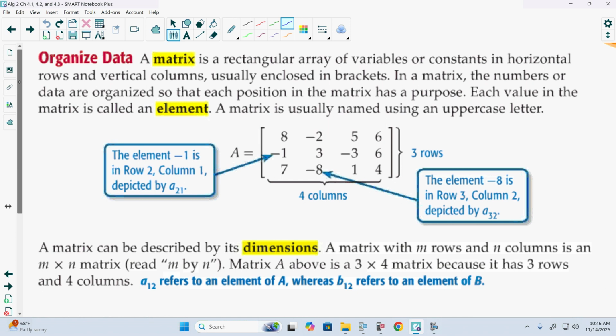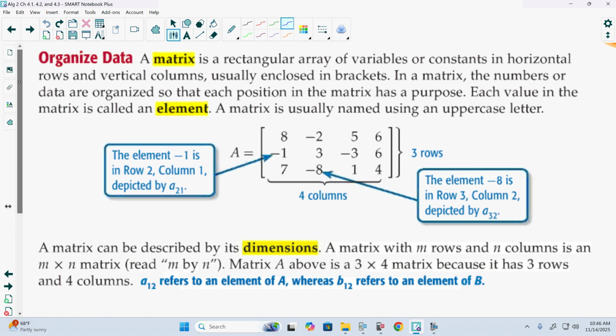One thing we didn't talk too much about was elements. Each number inside the matrix is an element. And we denote or describe them as a lowercase version of whatever letter we use to describe the matrix itself. So here, matrix A, we use capital letters, so capital A. Each of the elements in the matrix is going to be a lowercase letter followed by 2 numbers.